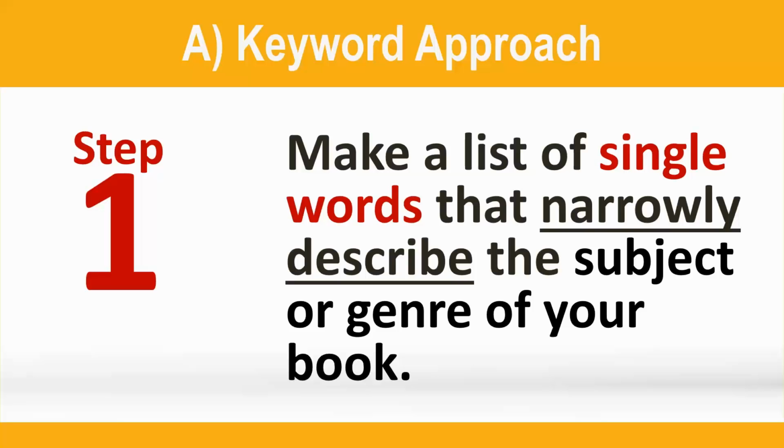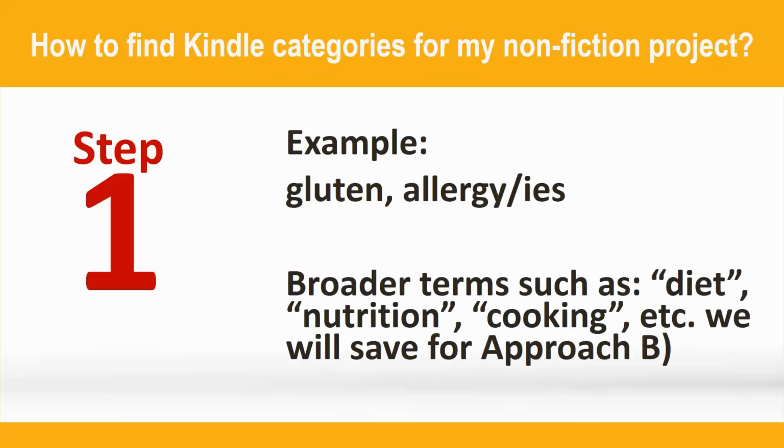So if you had a book about Chinese vineyard snails, you would certainly look for the word snails. In this case, for a gluten-free diet book, let's look at gluten and allergy or allergies, because sensitivities could also be one, or irritable bowel syndrome. But let's stick to gluten and allergies here for the case study.